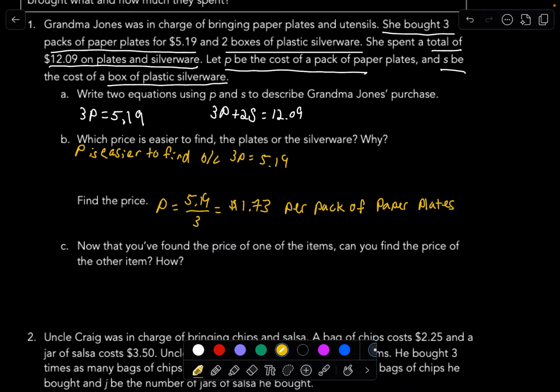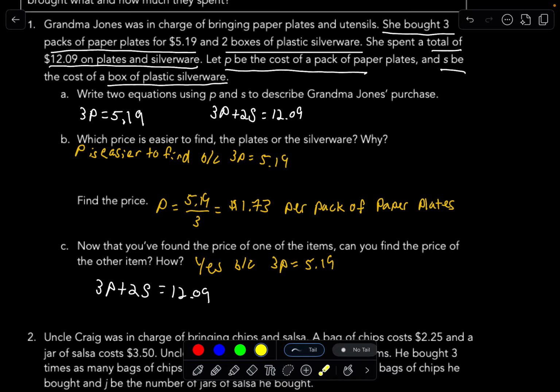Okay. So now that you found the price of one of the items, can you find the price of the other item? How? Well, the answer is, at least I hope it's obvious, yes. Because 3P equals 5.19, we can then substitute that into the 3P plus 2S equals 12.09.